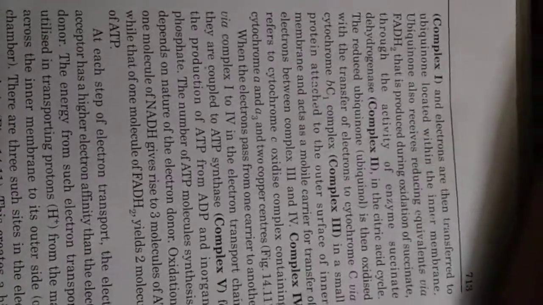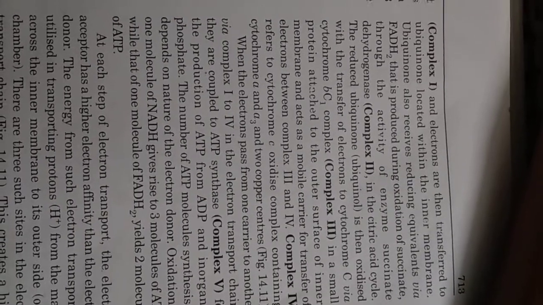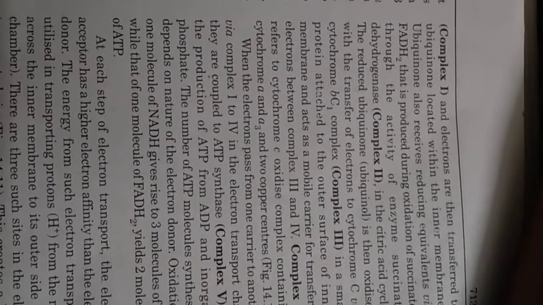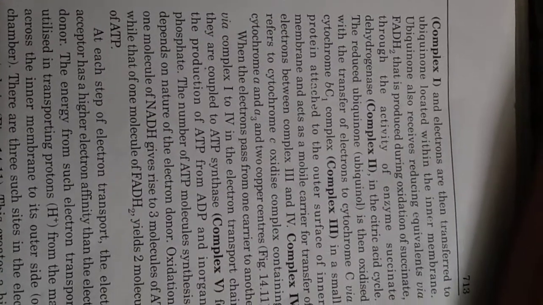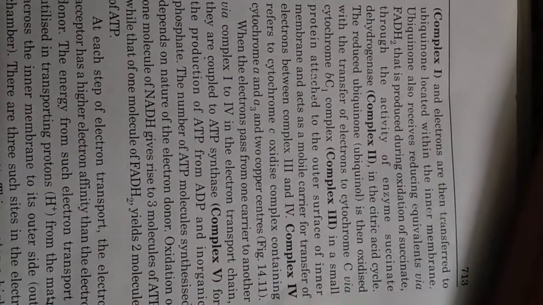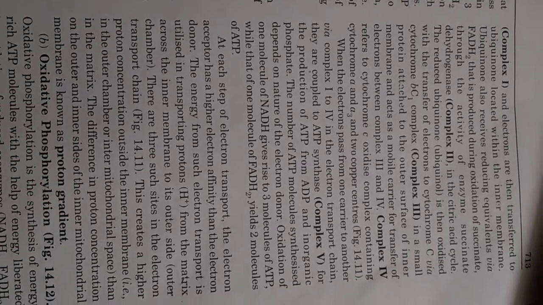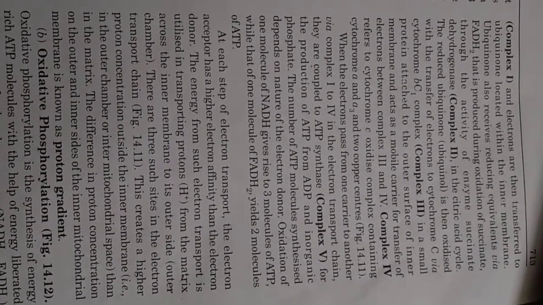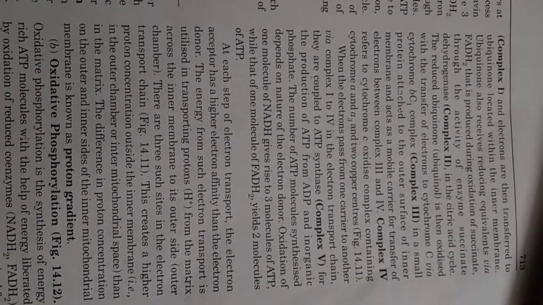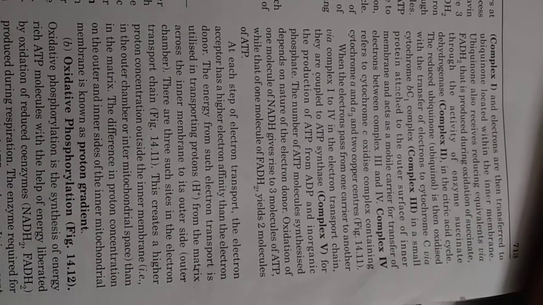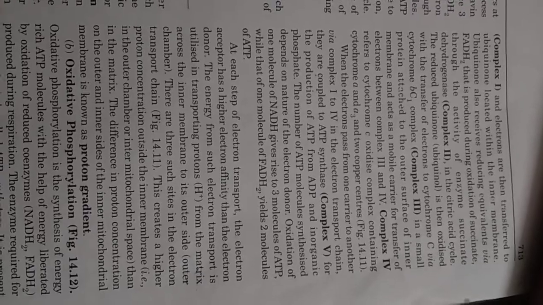Thus, we can say oxidation of one molecule of NADH2 gives 3 ATP and oxidation of one molecule of FADH2 gives 2 ATP. Now, this transfer of electrons helps to build an electron gradient and also a difference in proton concentration across the mitochondrial membrane, called the proton gradient.